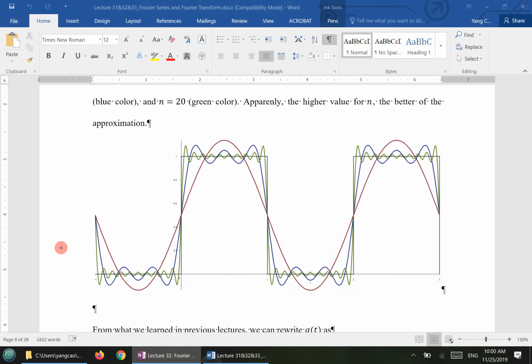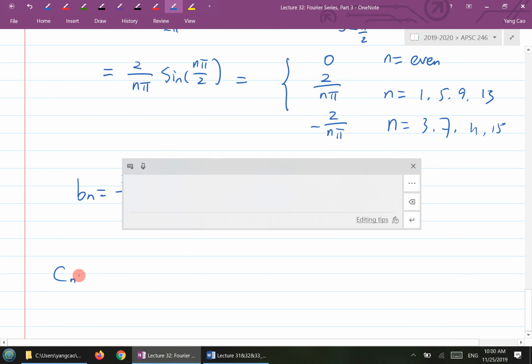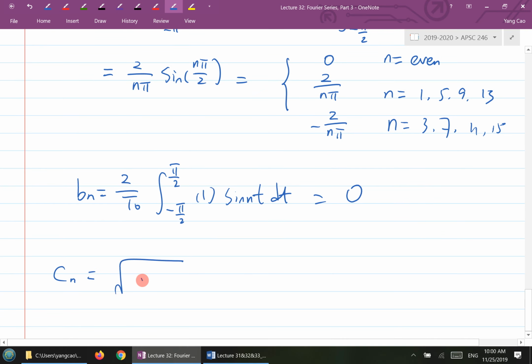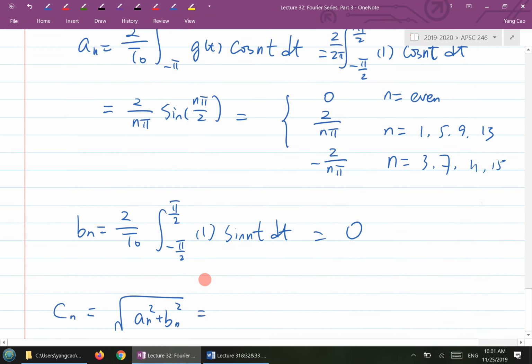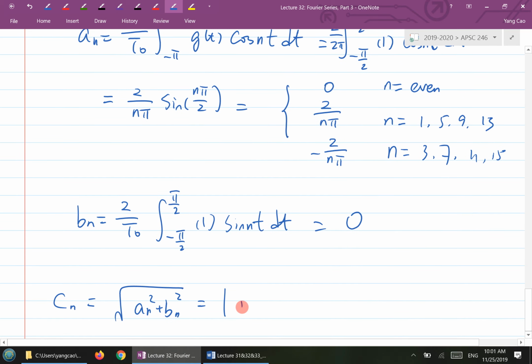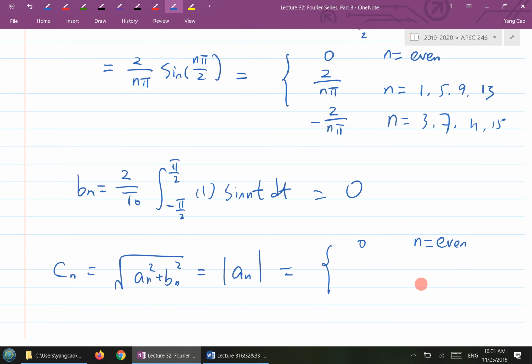And then you can calculate your Cn from an squared plus bn squared. Since bn is 0, that just gives you the absolute value of an. It is going to be 0 when n is even. When n is odd, it doesn't matter which odd it is, you get 2 over n pi.